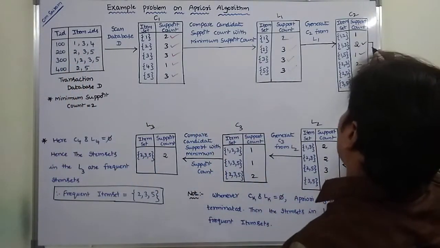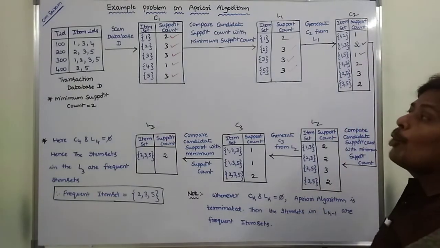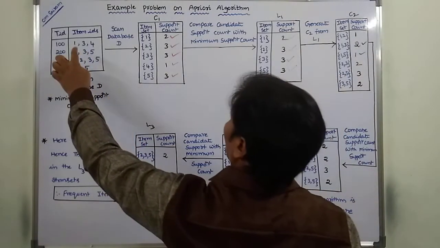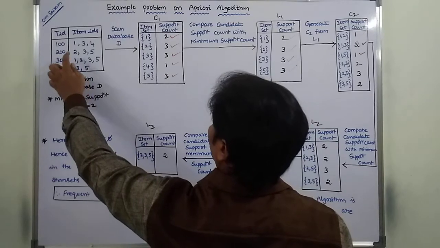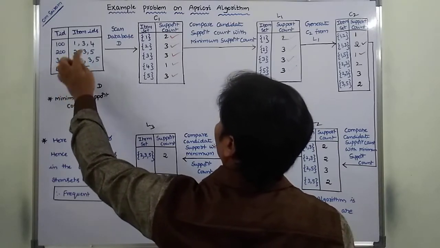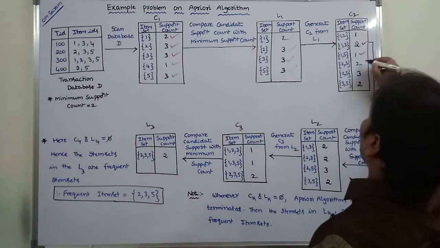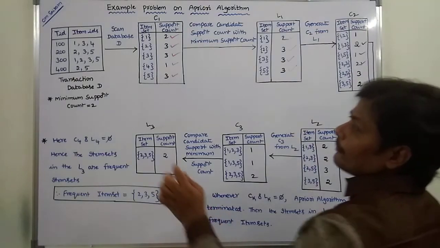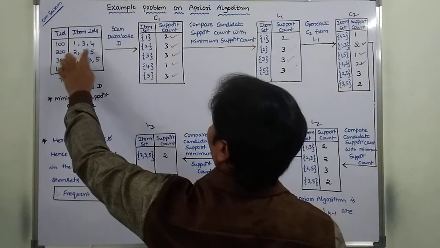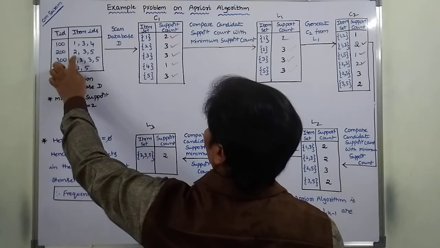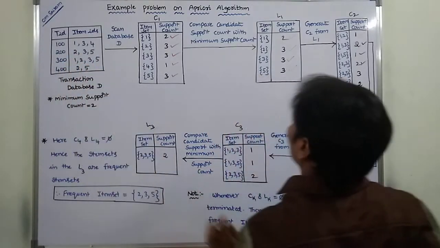Next, 2, 3: one time, two times. Next, 2 and 5: how many times are items 2 and 5 purchased together? 2 times.